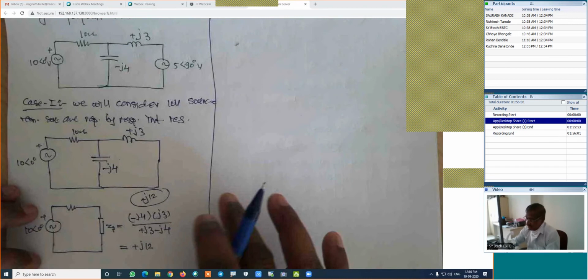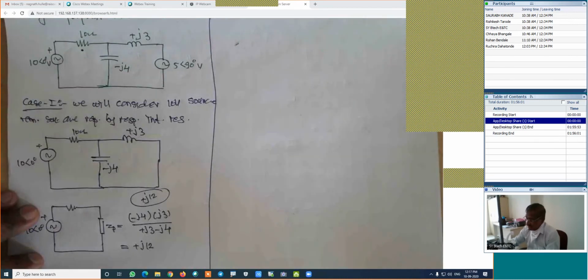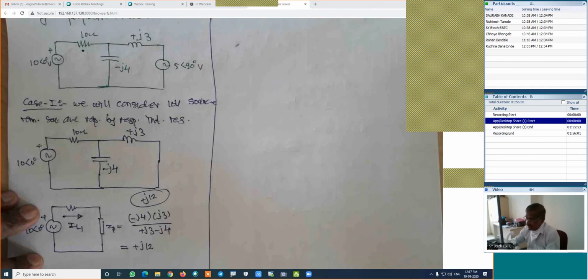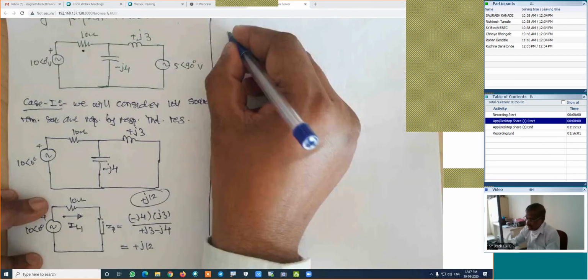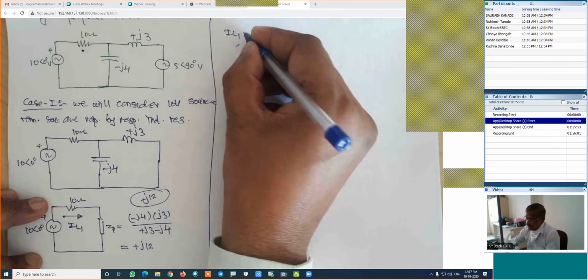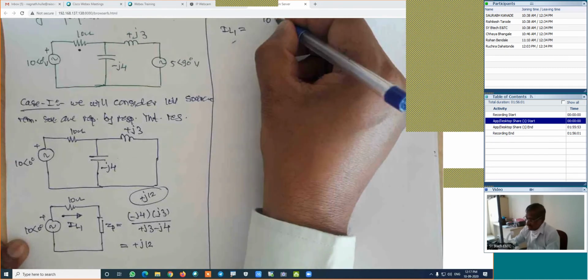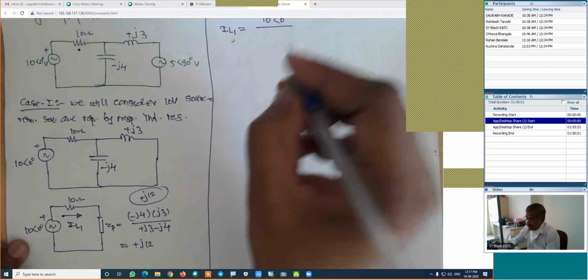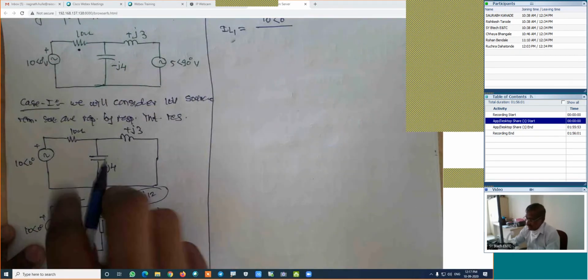Now, in this case, in which current are we interested? We are interested in this total current. For the first case, I will name it IL1, the same current. How much is this value? IL1 is equal to total voltage, 10 angle 0 divided by this j12 and this 10.